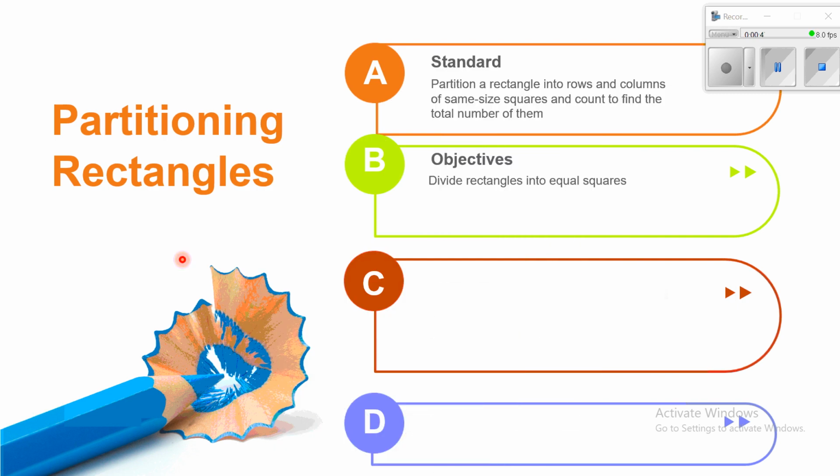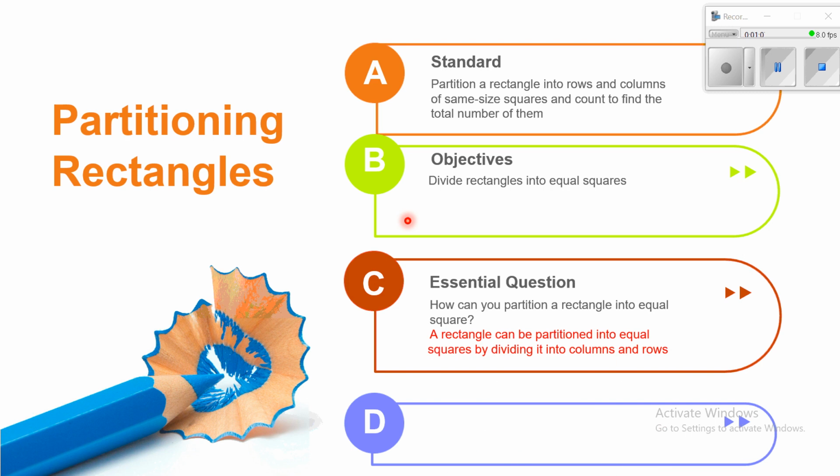Okay, for objectives here, you have to learn how to divide a rectangle into equal squares. So when you finish this lesson, you know how to draw equal squares for a rectangle. Our essential question here: how can you partition a rectangle into equal squares?